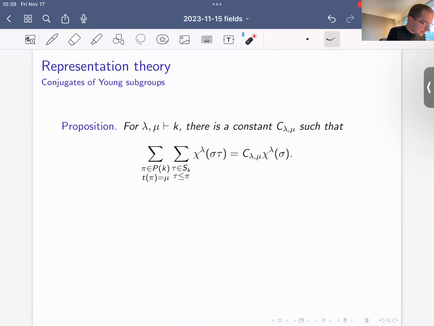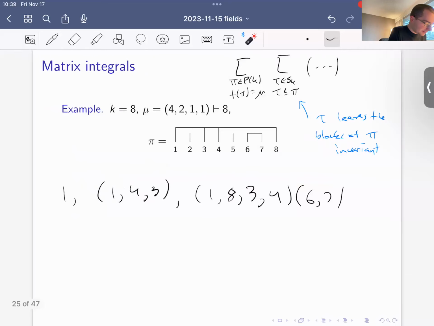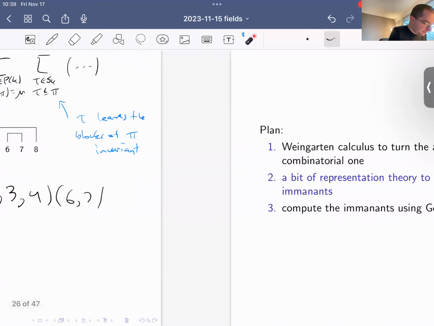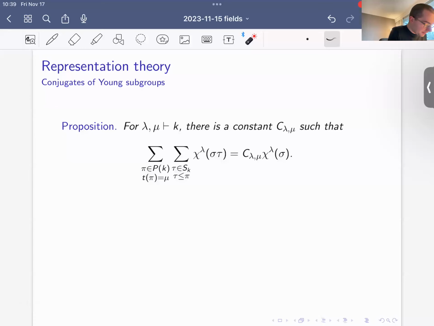So the proposition here is that if you have 2 partitions of k, then this sum that I was talking about here is actually just a scalar multiple of the character labeled by lambda at the permutation sigma. So the effect of all of this complicated summation is really just a scalar multiple.